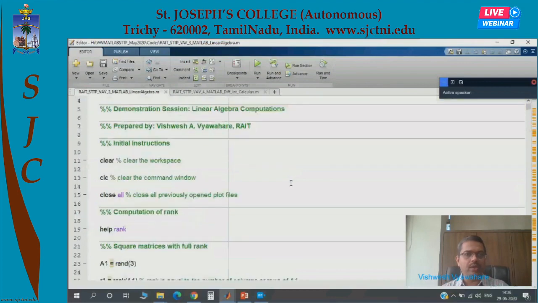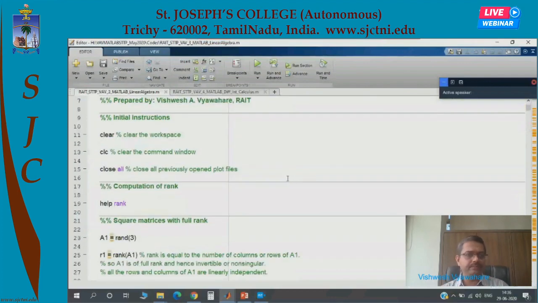As I said in my pre-lunch session, the true power of MATLAB lies in the way it handles matrices and arrays, and the numerical stability that MATLAB offers to the user. Now we are going to quickly see the linear algebra applications.